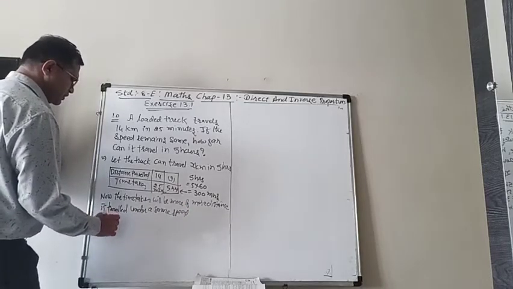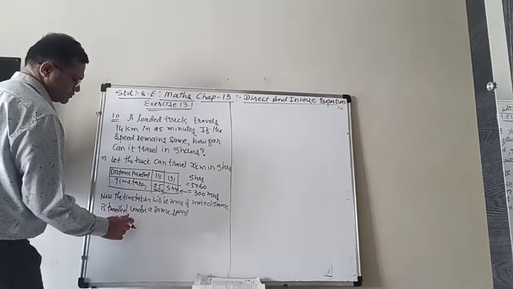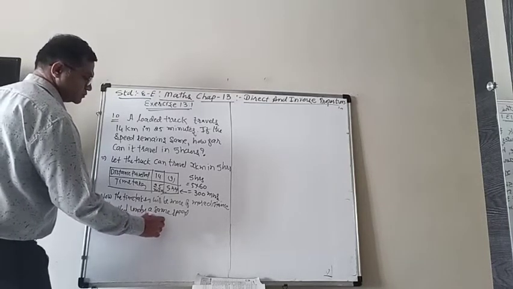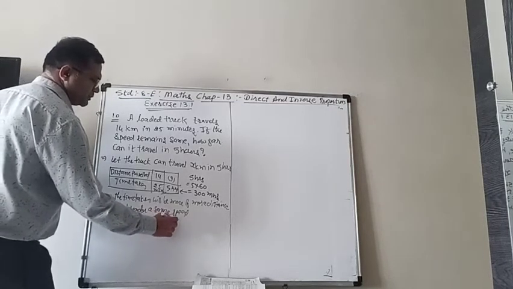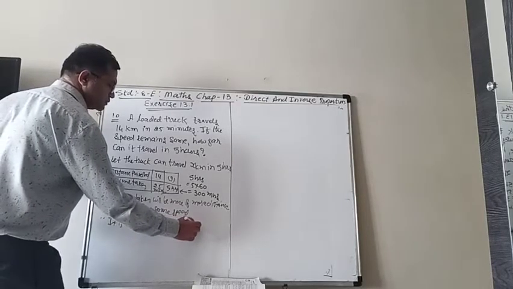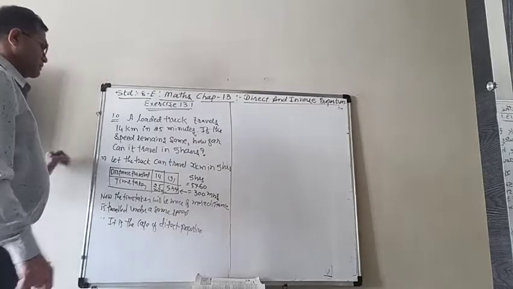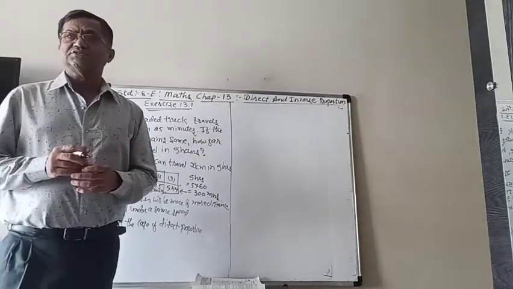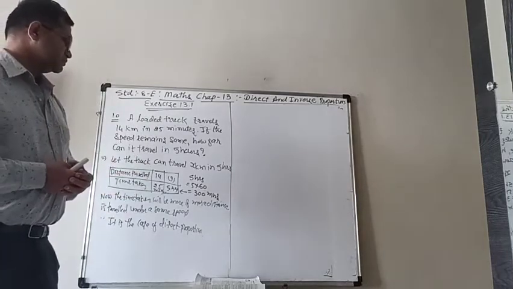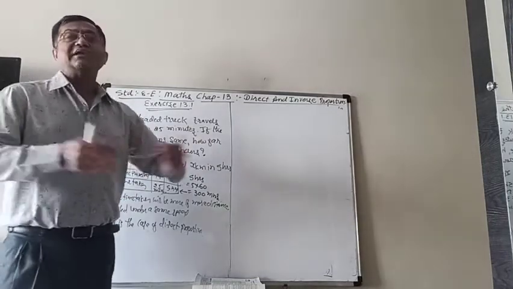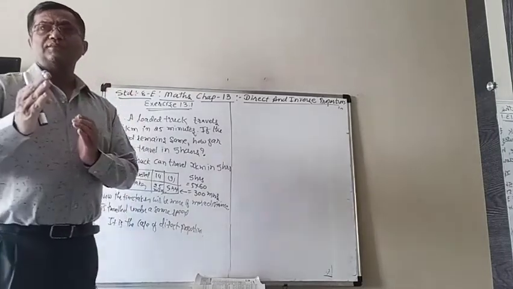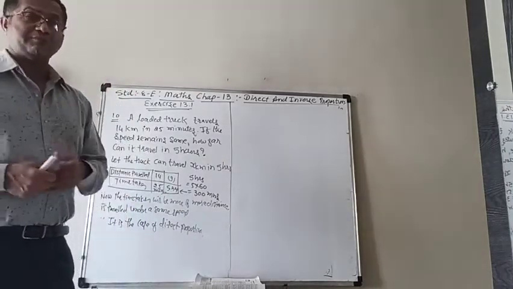Therefore, it is the case of direct proportion, because the speed is the same. The speed is the same, so we cannot say that there can be less or more time according to that. So if you travel more, it will take more time.